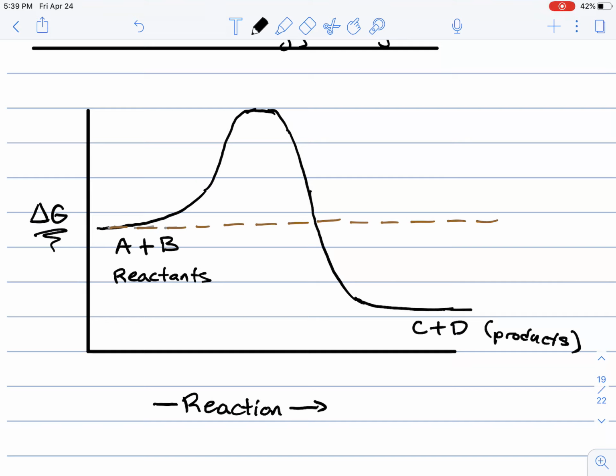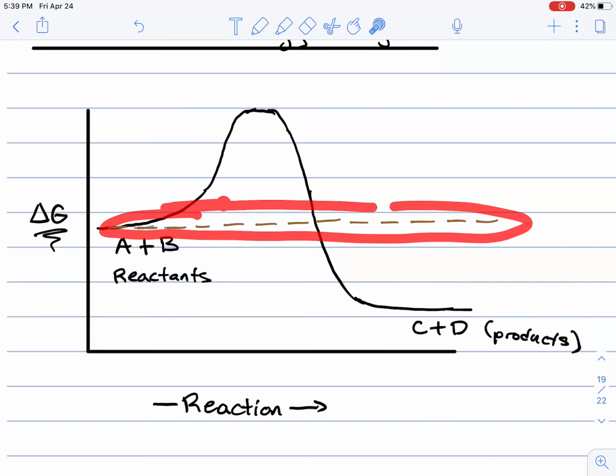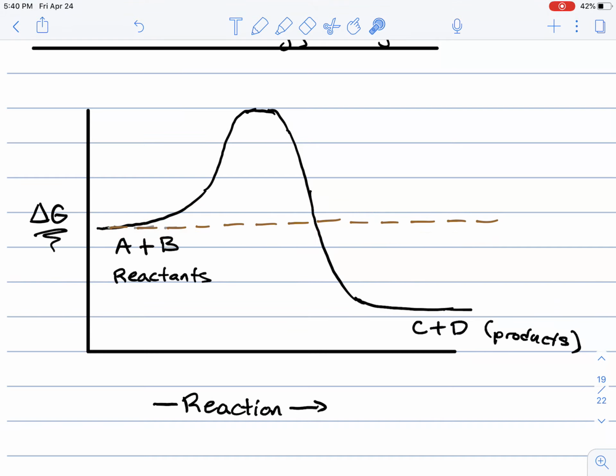But in this case, we're just going to simply look at the outcome. And so if you guys recall this dotted line, this area right here is going to represent our reference point or 0 point with respect to the free energy of the reactants.